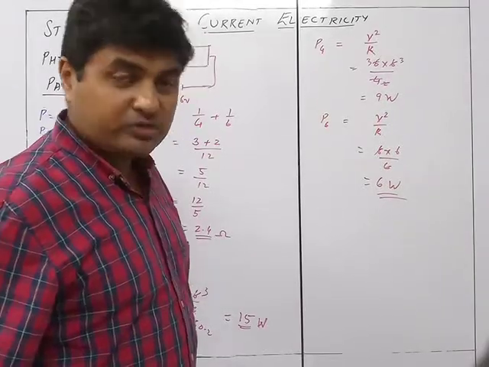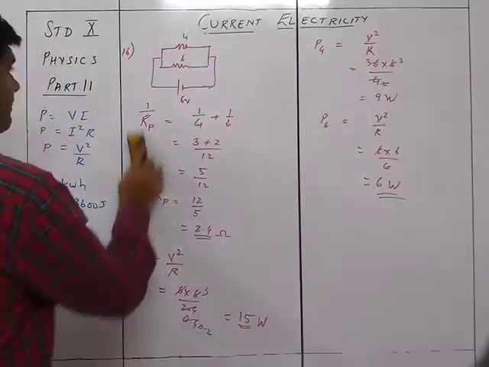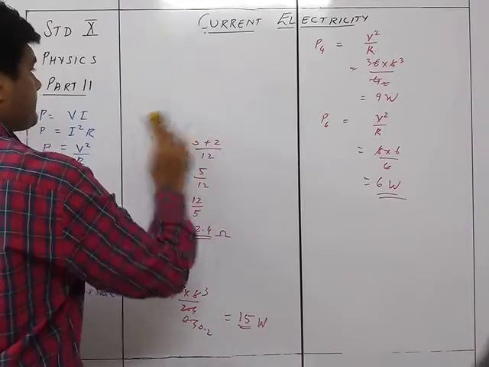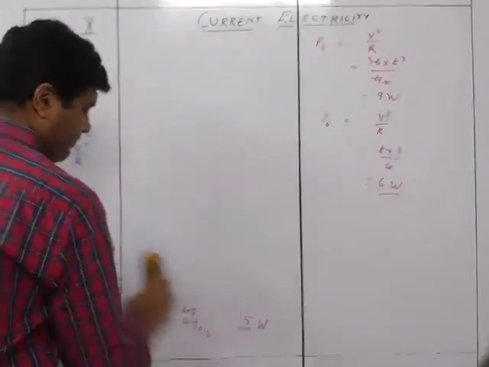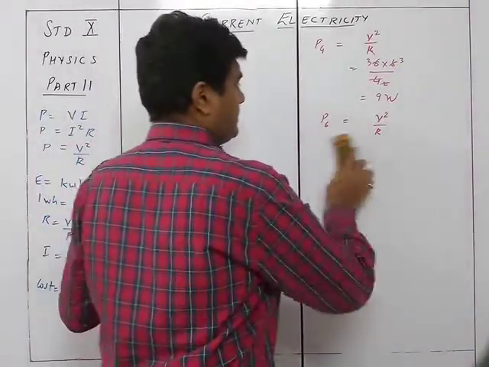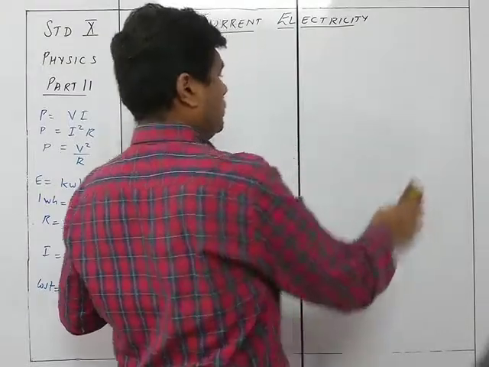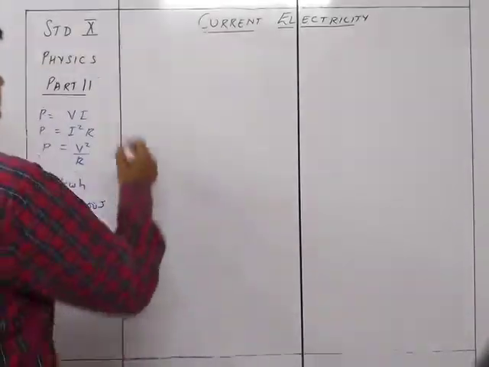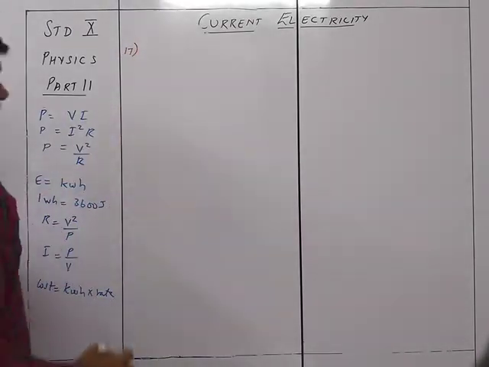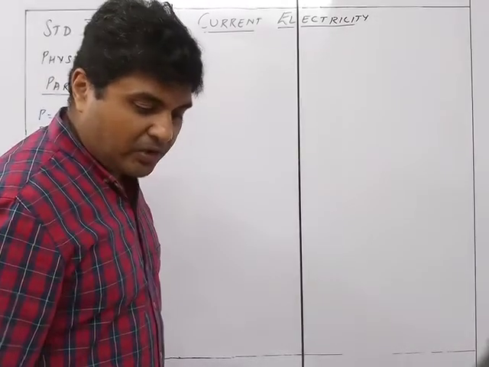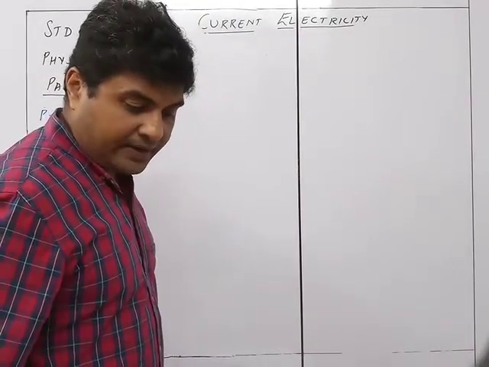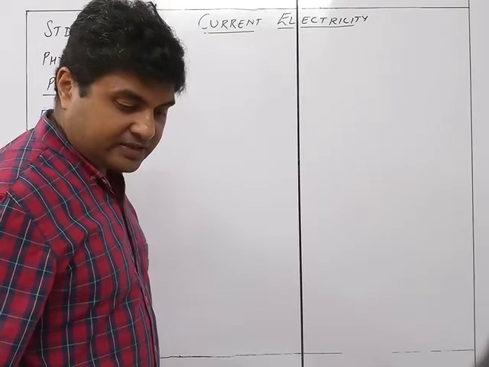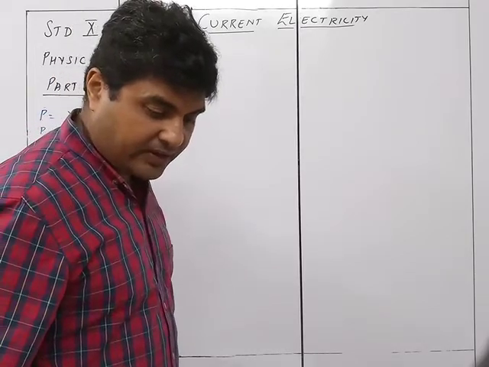We now move on to sum number 17. The battery of EMF 15 volt and internal resistance 2 ohms is connected to two resistors of resistance 4 and 6 ohms joined in series.